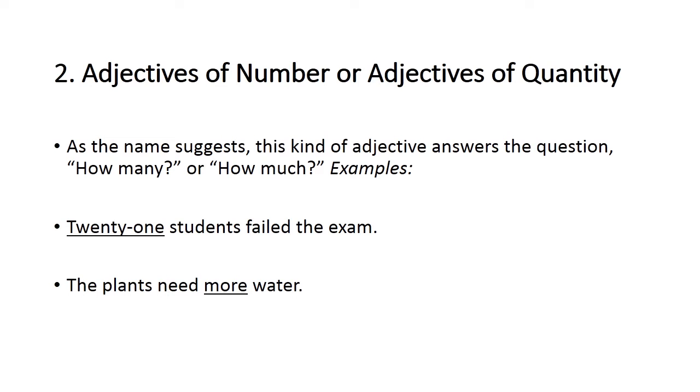And look at another example. The plants need more water. Here the word more is used as an adjective of quantity because it's showing the quantity of water. So adjectives of number and adjectives of quantity are also followed by a noun.